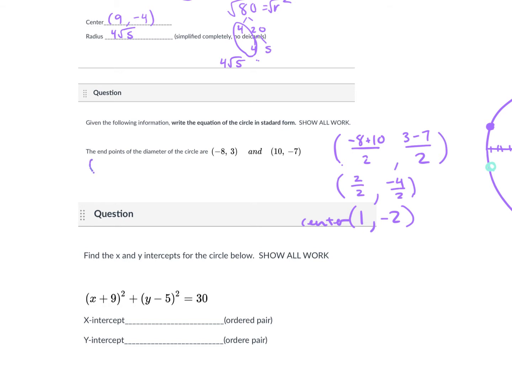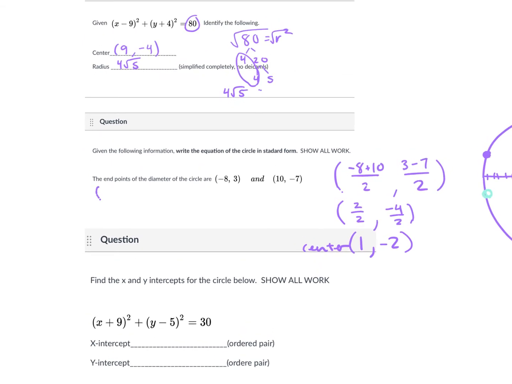We could, which essentially is what we are going to do, but we can plug it into our formula for a circle. So we have x minus h, so x minus 1 squared, plus y minus k, so y plus 2 squared, and that's equal to r squared.